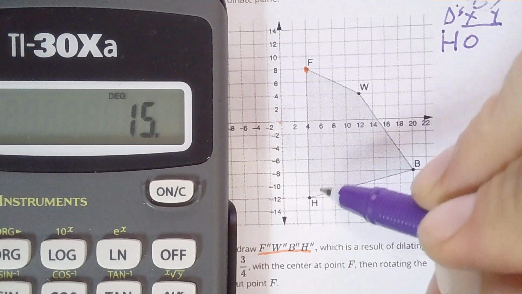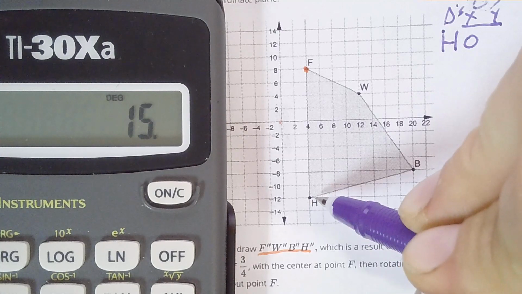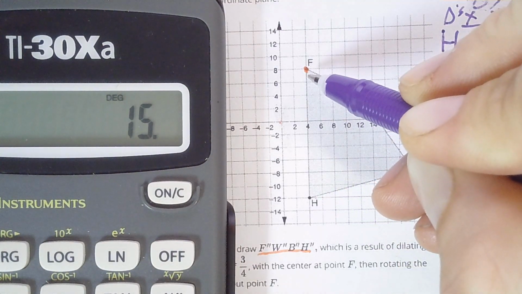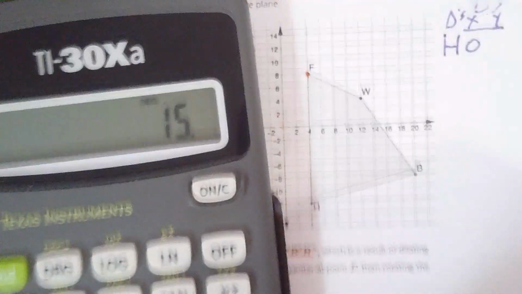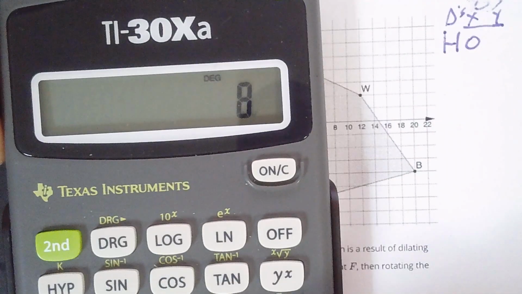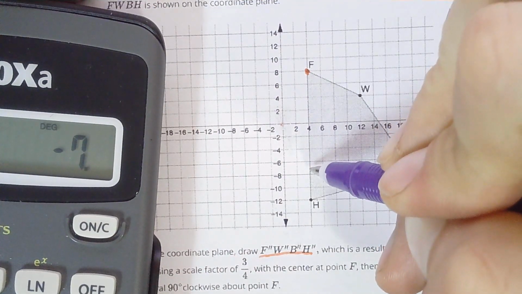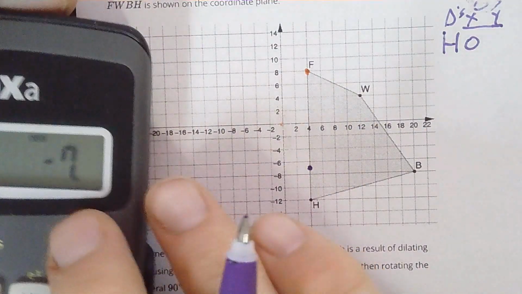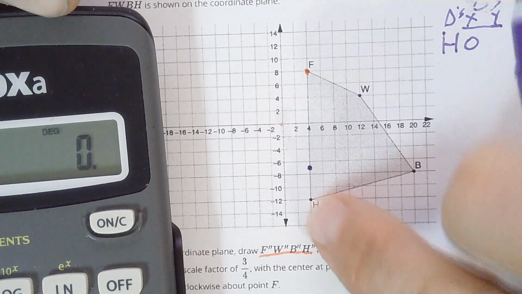So my new spot for my h prime is going to be 15 distance from this. So it's going to be 8 minus 15, so it's going to be negative 7. If I double check this, I can make sure that this is 3/4 of the way to here.